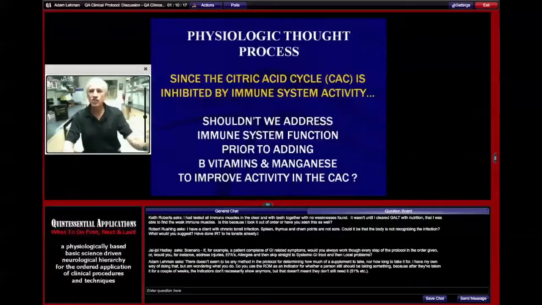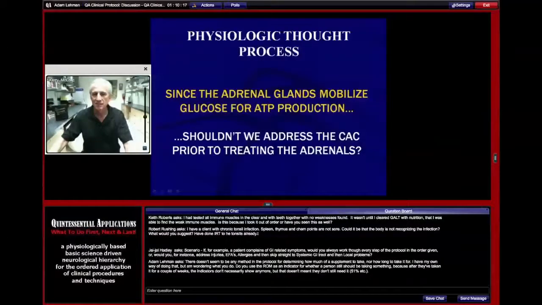Since the citric acid cycle is inhibited by immune system activity, shouldn't we address immune system function prior to adding B vitamins and manganese to improve the activity in the citric acid cycle? And since the adrenal glands mobilize glucose for ATP production, shouldn't we address the citric acid cycle prior to treating the adrenals?